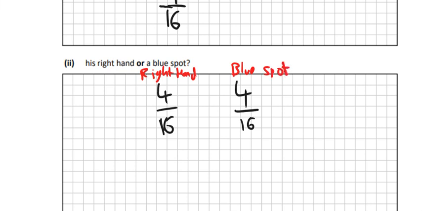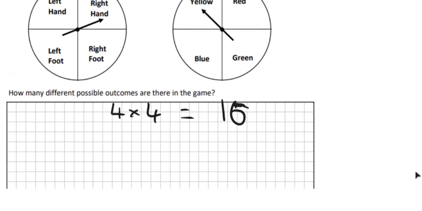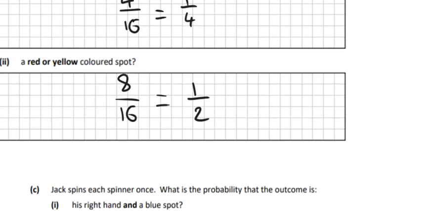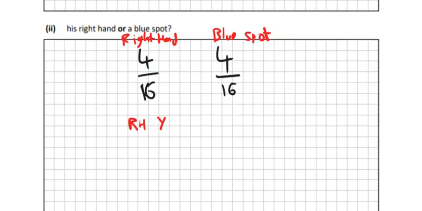The outcomes for right hand would be right hand yellow, right hand red, right hand blue, and right hand green.